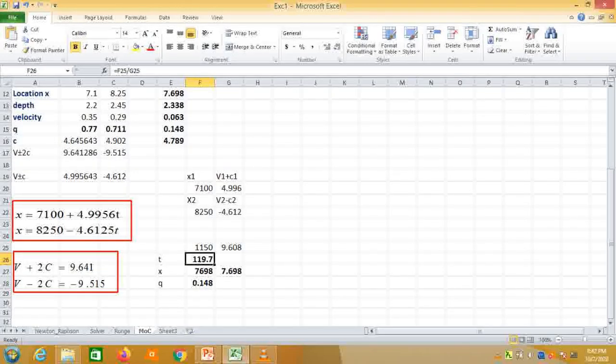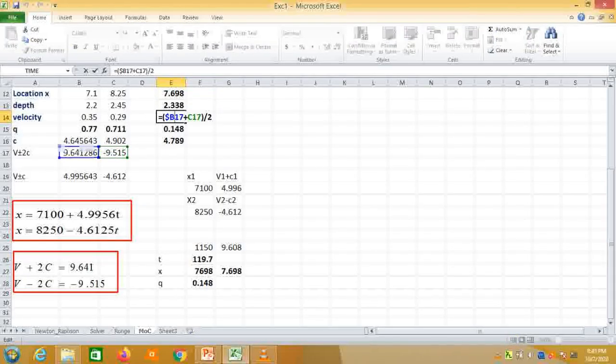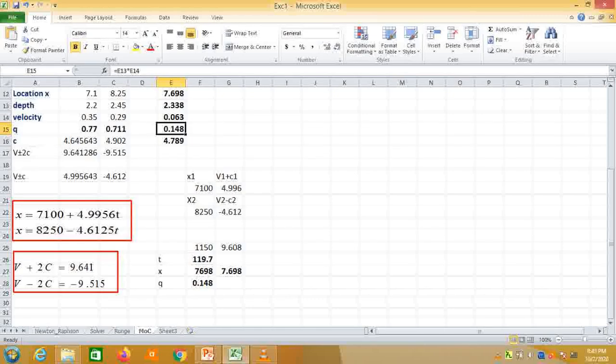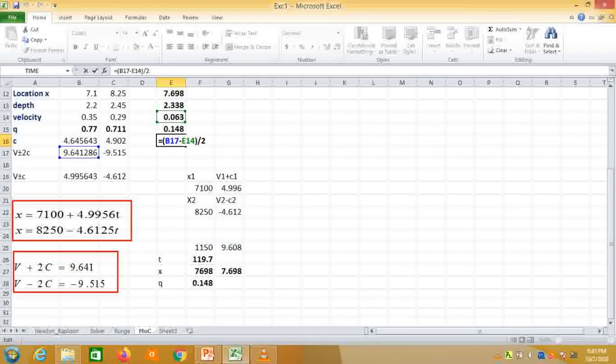Add the two and then divide it by 2 as the velocity. Once you obtain the velocity, plug it here, and then deduct the velocity which you have obtained from 9.641 and divide it by 2. So this value minus the velocity which you have obtained, divided by 2, shall give you the celerity. So we have obtained now the celerity.